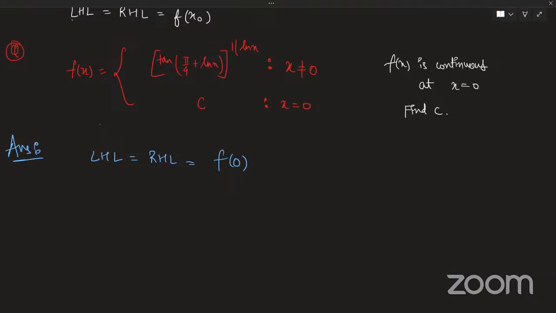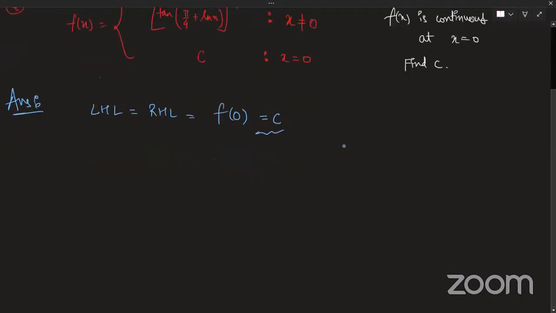It is c, right? It is given to me. If x is equal to 0, f of x is equal to c.